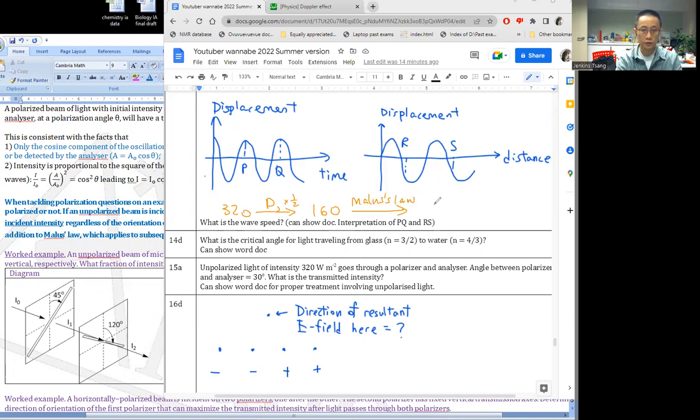And then you can use Malus's law to calculate the intensity after traveling through the analyzer, which is basically a second polarizer. So cos 30 is given to be root 3 over 2, but I hope you guys know your math well, because you definitely need to know this for most math courses. Root 3 over 2 is cos 30, and if you square this, 160 times 3/4, that's 120, making choice A the correct answer.